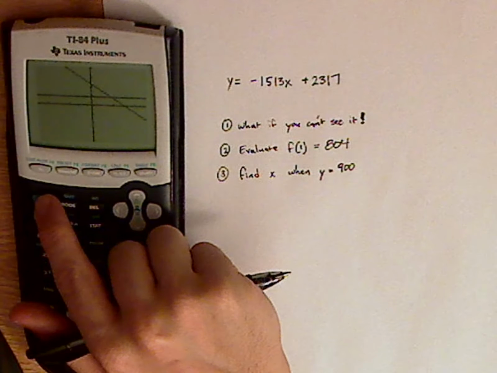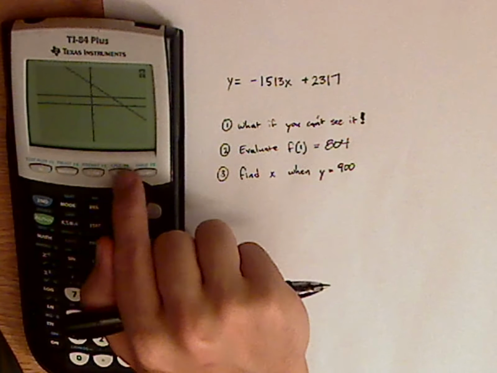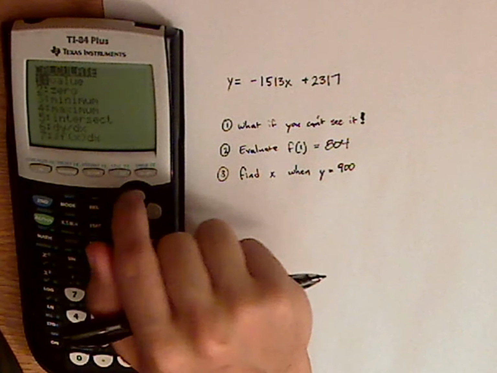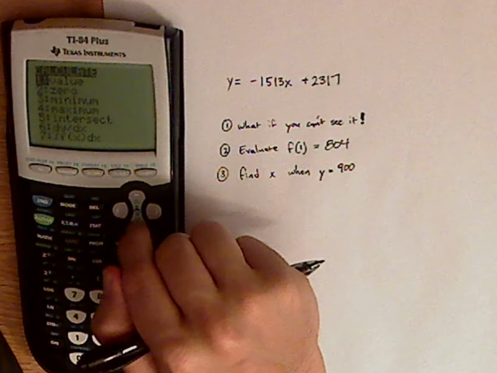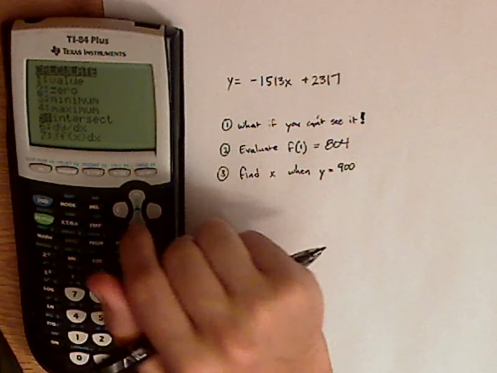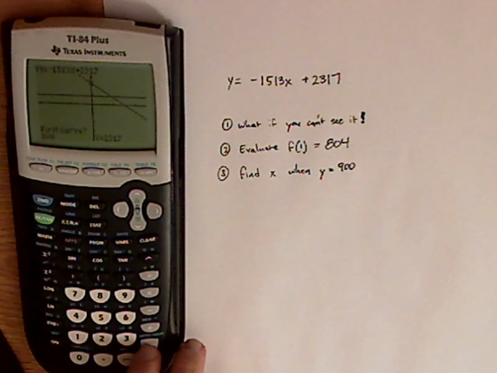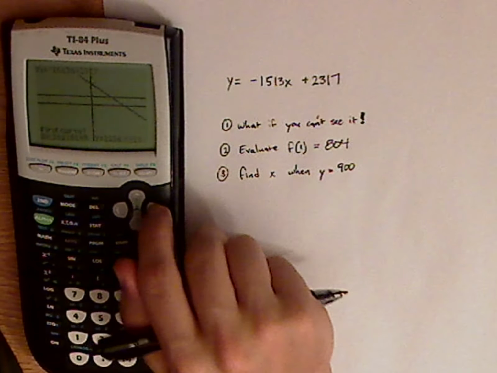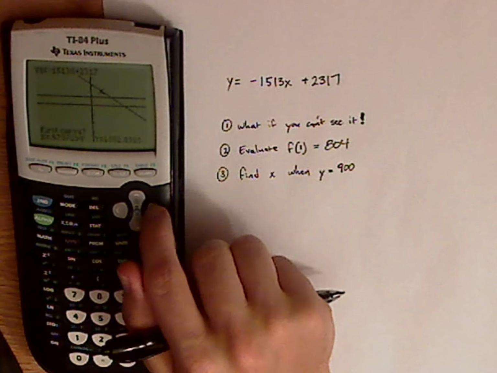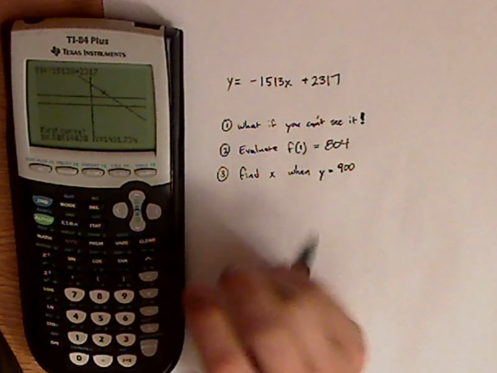So what you want to do next is push second, and then trace gives you calc. Under calc, you have intersect. So push intersect. Now get close to it. Here it doesn't really matter because you only have one intersection.